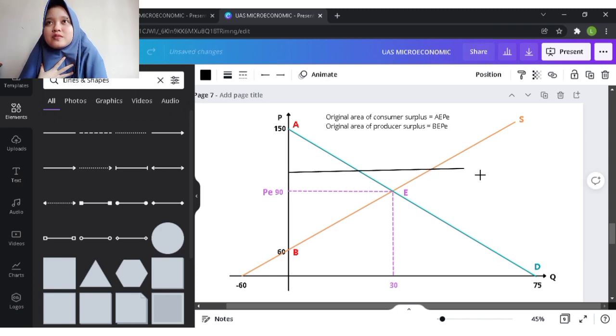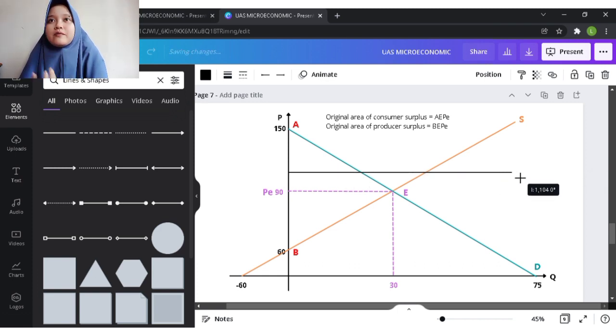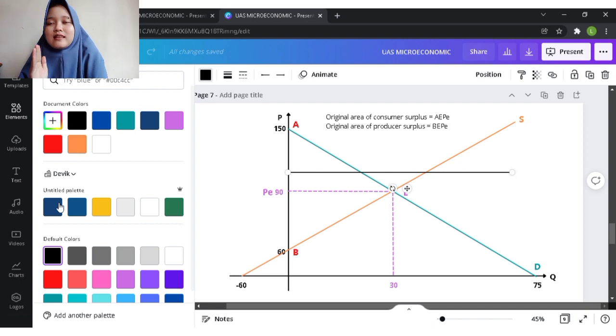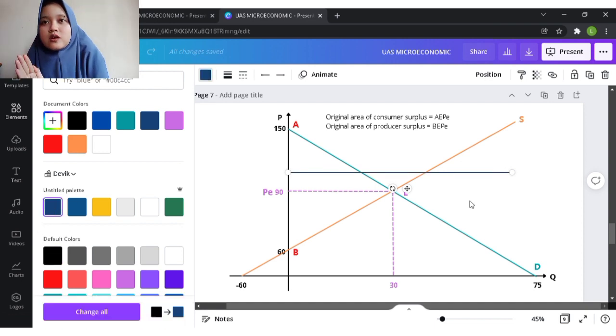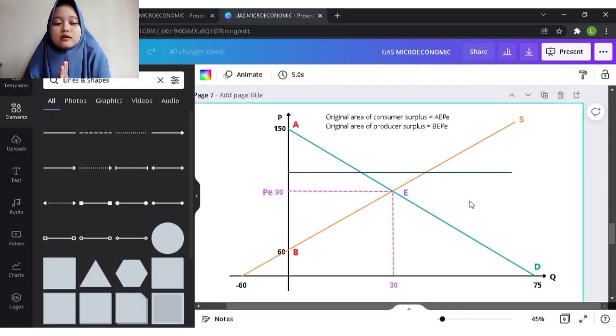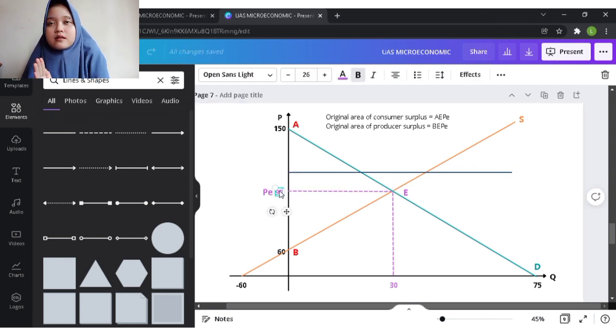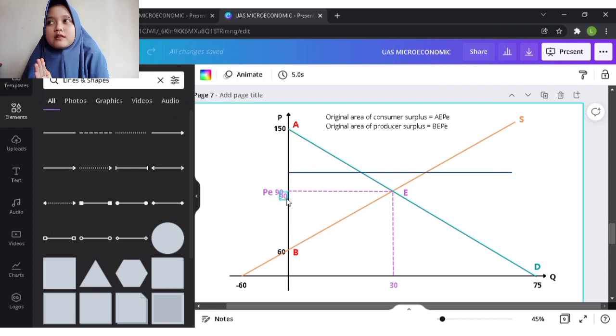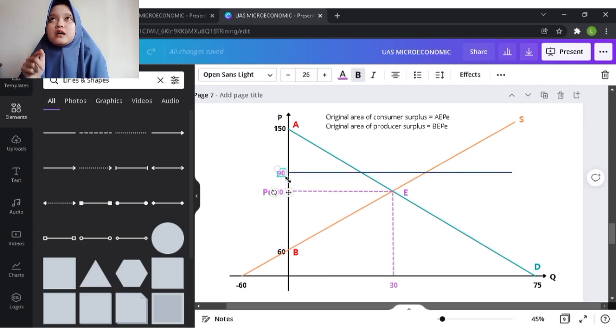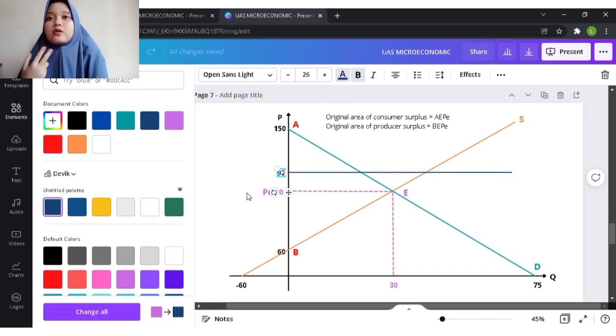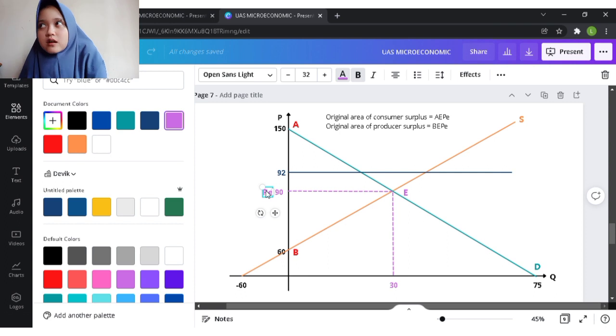It's harmful, we don't get any benefit, we don't have any more profit, so it's harmful for producers. If the government wants to solve this problem for producers, the government can give a policy like a minimum price or floor price.